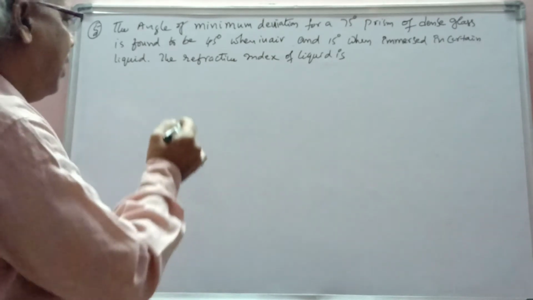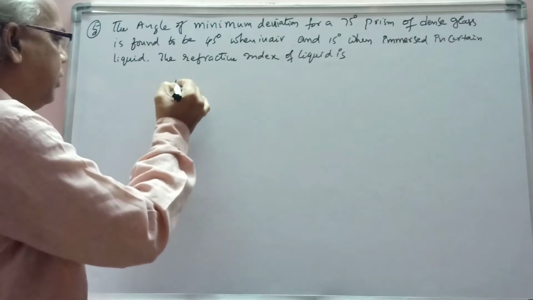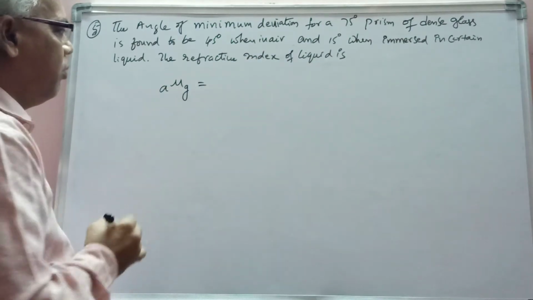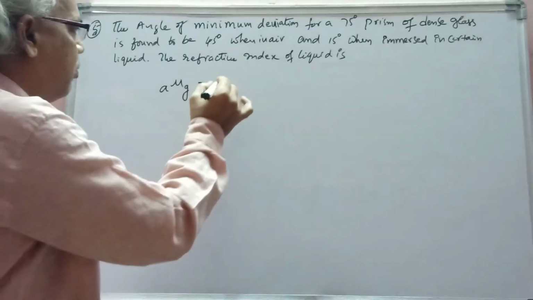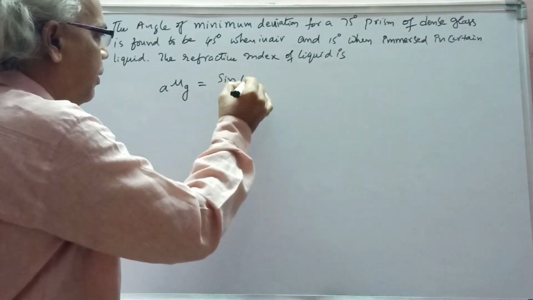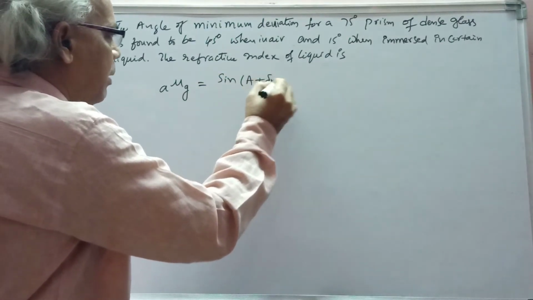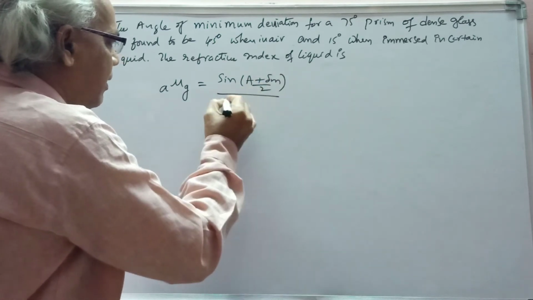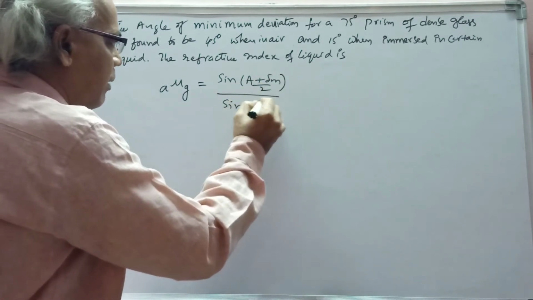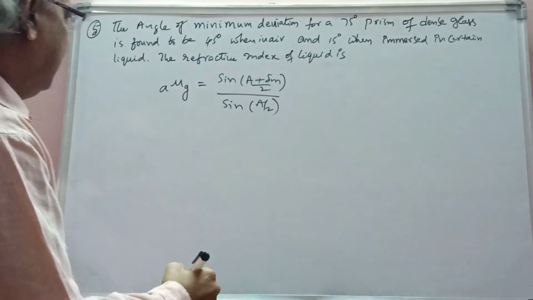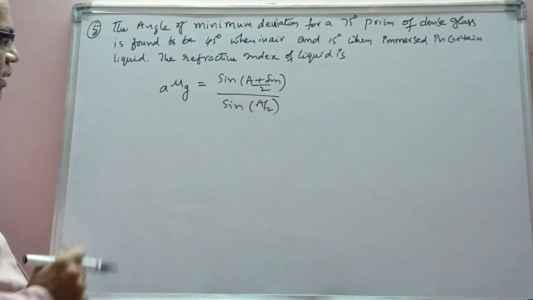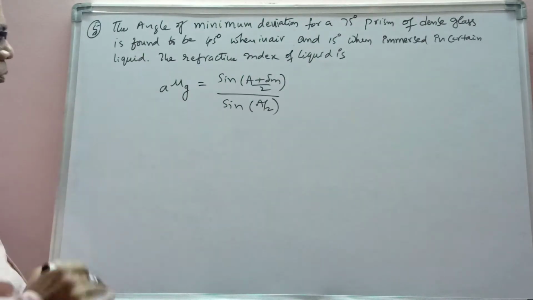We know the formula: A mu G is equal to sin of (A plus δm) by 2 divided by sin A by 2. It is the refractive index of glass with respect to air.